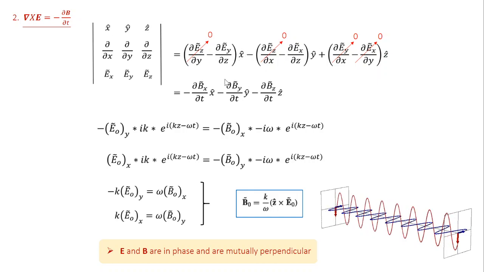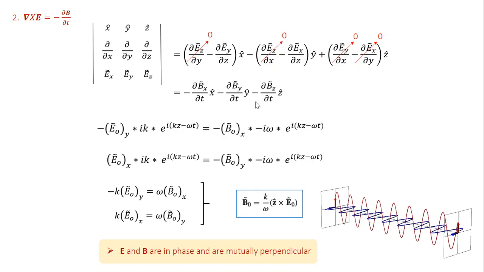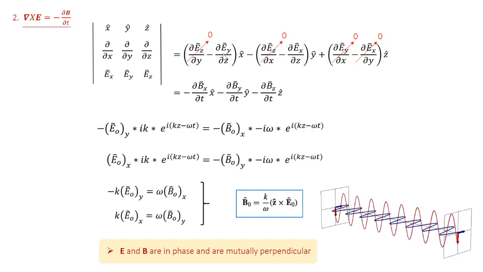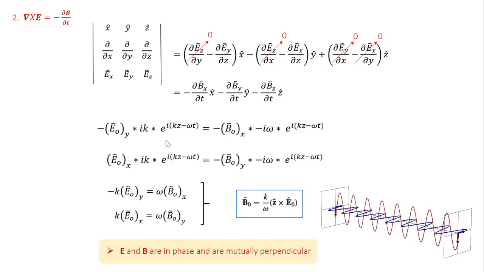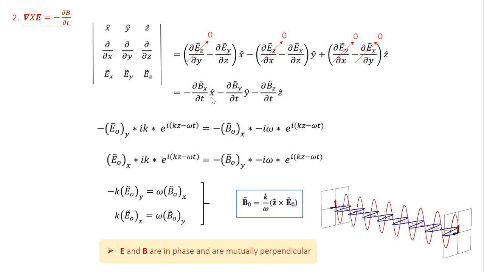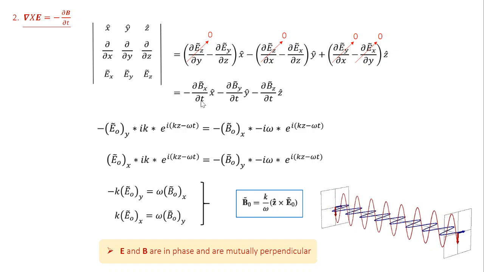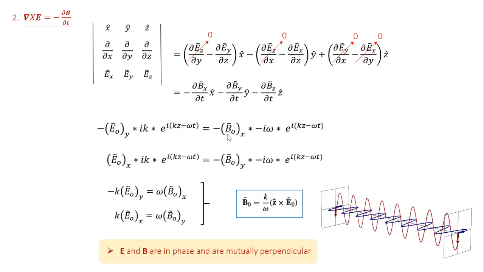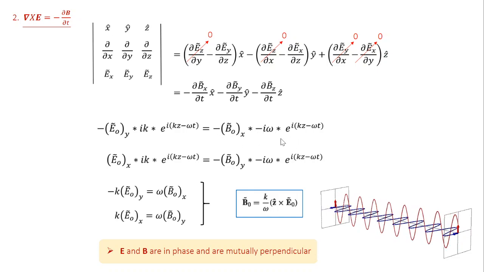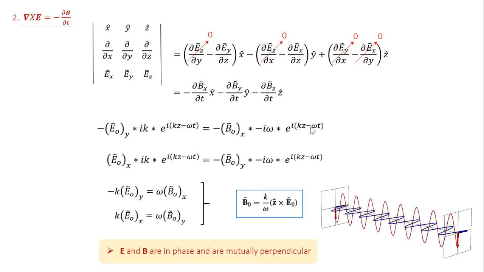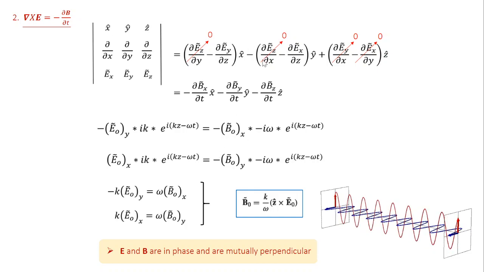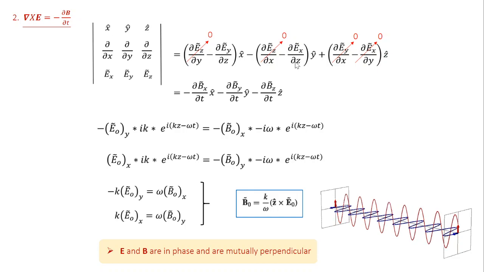Okay, so equating the x components on either side gives you minus E naught y complex. You need to take the derivative with respect to z, which gives you ik into e to the power i(kz minus ωt). Equal to, on the right hand side you need to take derivative with respect to t. So this is minus B naught x complex into the derivative, minus iω into e to the power i(kz minus ωt). Similarly, for the y component, on the left hand side I have ∂Ex complex/∂z.